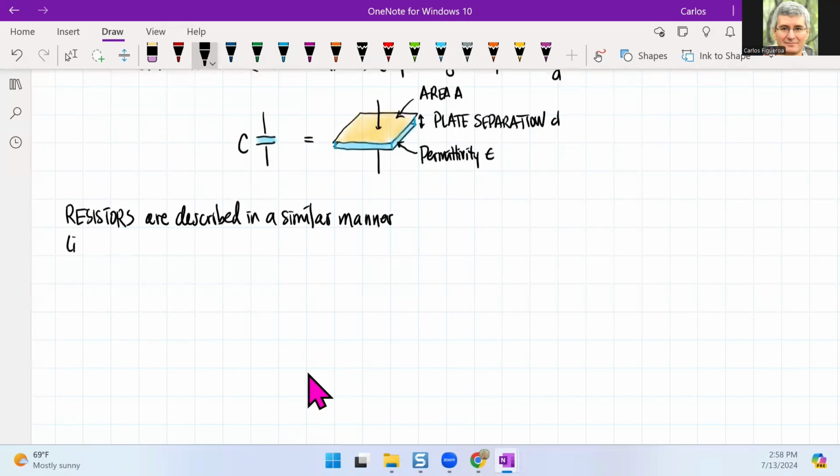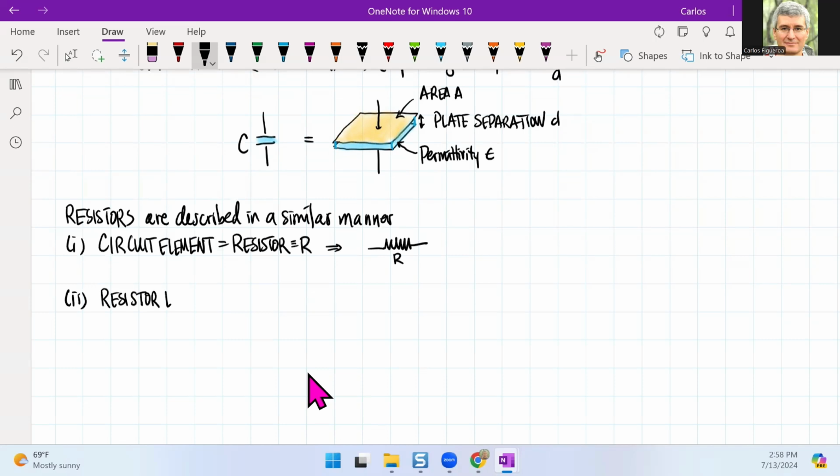So then the first thing that we want to talk about is, what's the circuit element? So the circuit element is a resistor. And we typically write that as R, but symbolically, it looks like this.